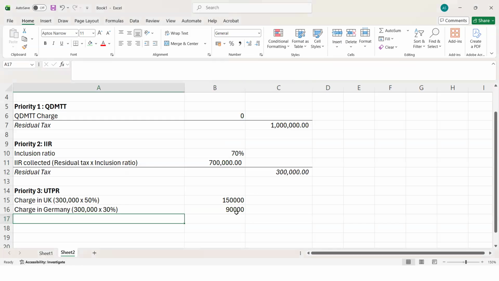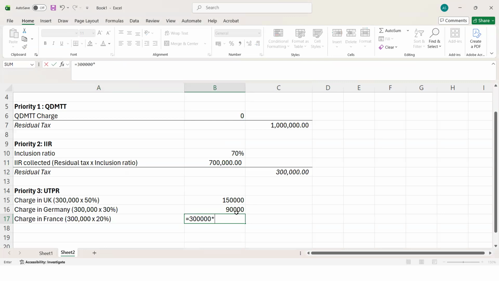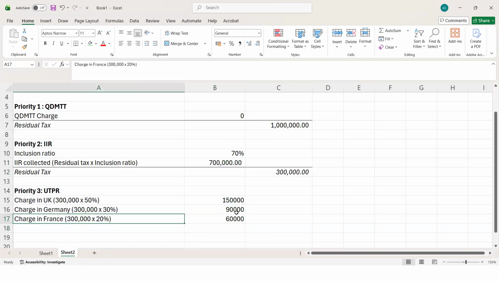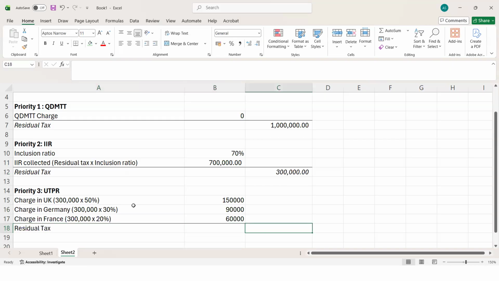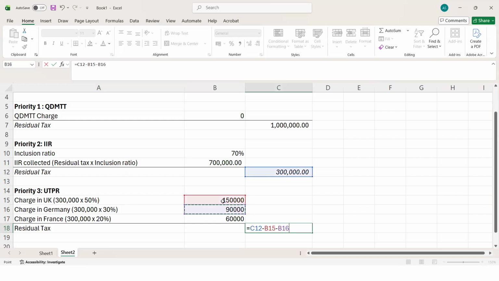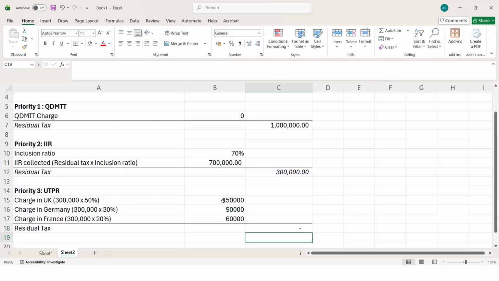And what is the last country? France. France is 300,000 into 20%, right? So what is the residual tax after that? This minus this, it is going to be nil.